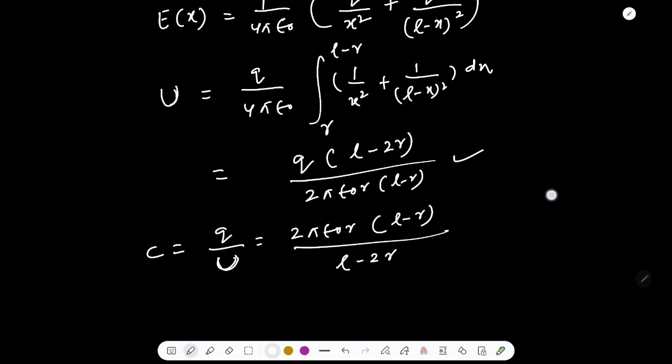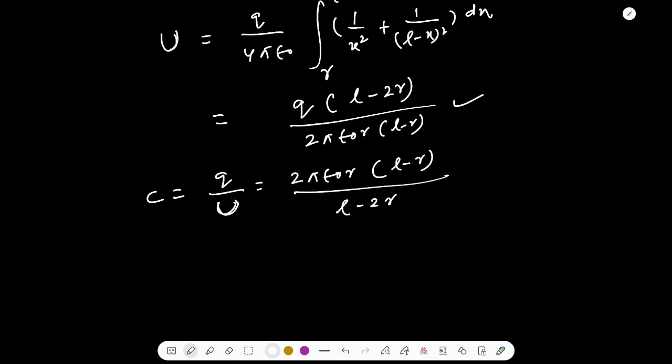If you like, you can take out L from both numerator and denominator, so that the numerator becomes 1 minus R upon L and the denominator becomes 1 minus 2R upon L, and L gets cancelled out.